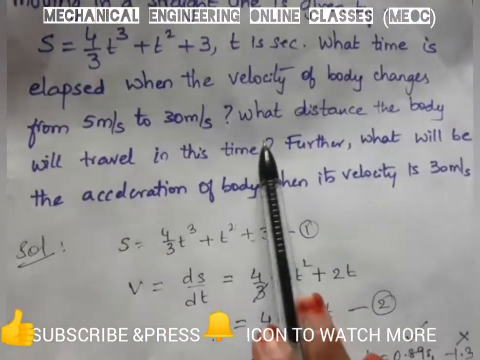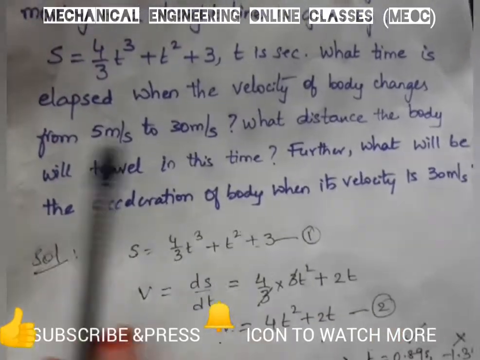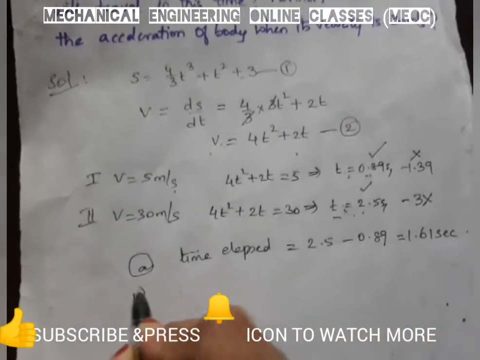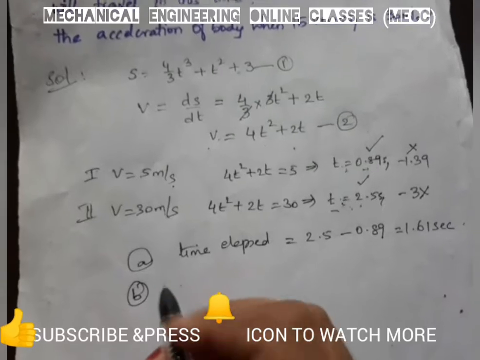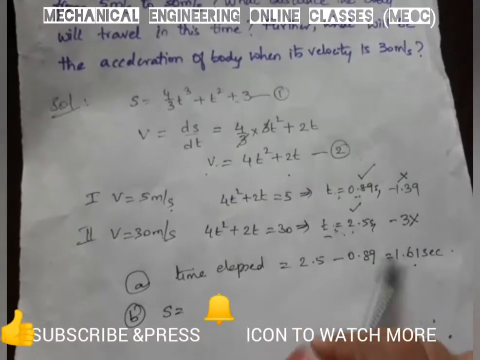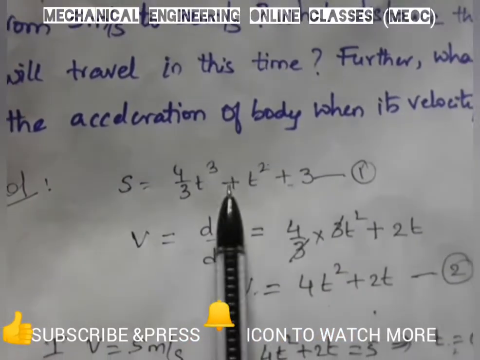The second question is, what distance the body will travel in this time? So we have to find s for t equal to 1.61. So the second bit b is s is equal to, substitute this t value 1.61 in equation number 1, which is the expression for displacement and time.